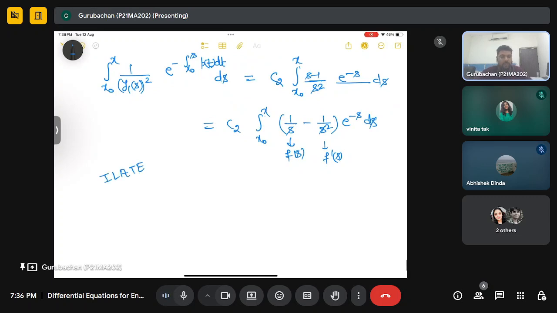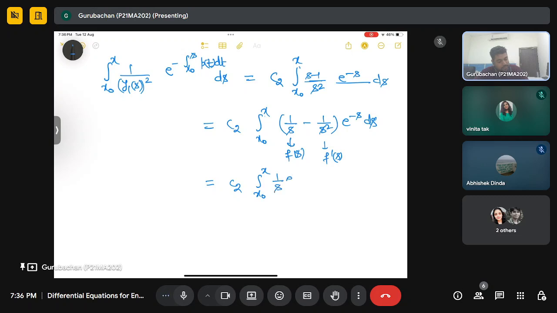I hope you are aware of this ILATE rule. First preference for integration is given to inverse, then logarithmic, then algebraic, then trigonometric, then exponential. From here, since the algebraic term will come first, we will give the preference to the algebraic term.